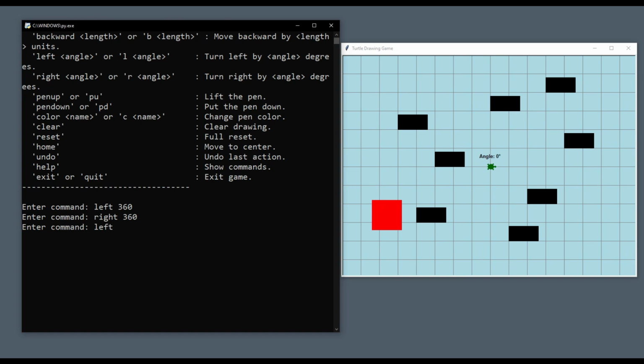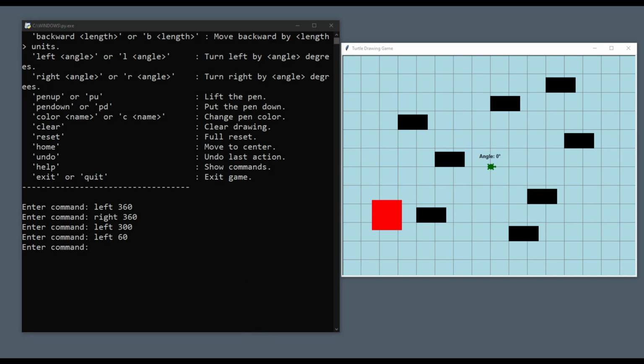Let me make it turn left 300 so that you understand that it's actually turning. See, it's pointing towards the right bottom corner. Agree? So let me make it turn left 60 more degrees. 300 plus 60 will give us, correct, pointing in the same direction, 360 degrees. Okay, so that is your full turn.